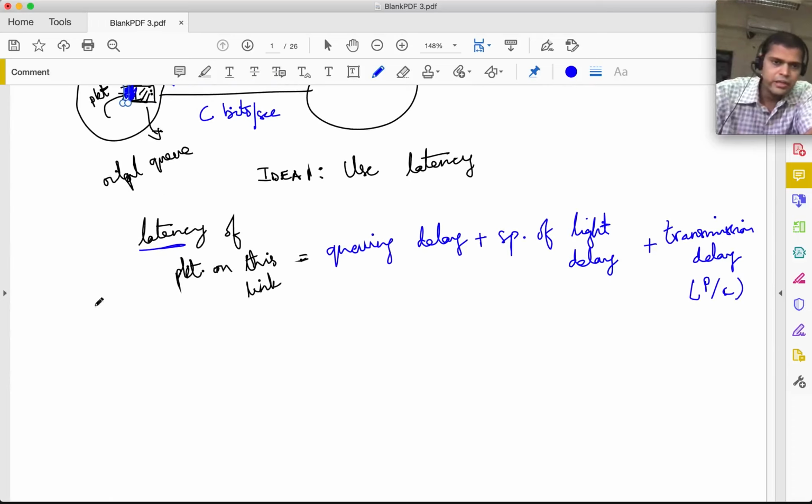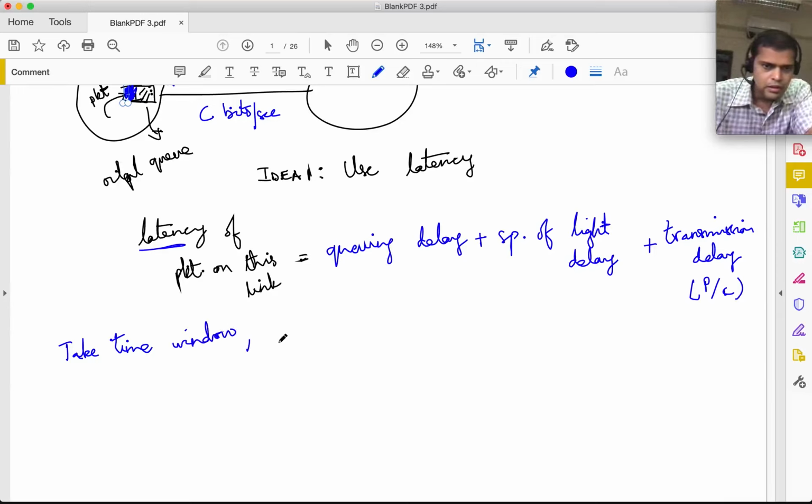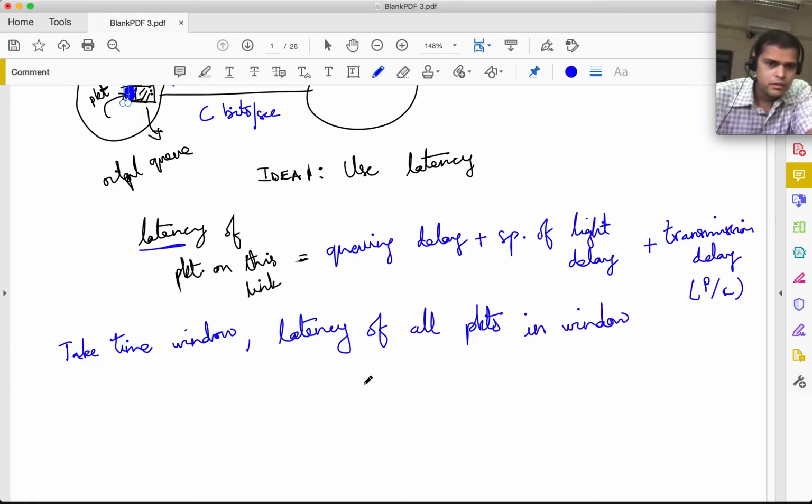So what they said is, you take a time window and for all packets in that time window, you calculate these latencies and take an average. The average latency of all packets in the window is the link weight.